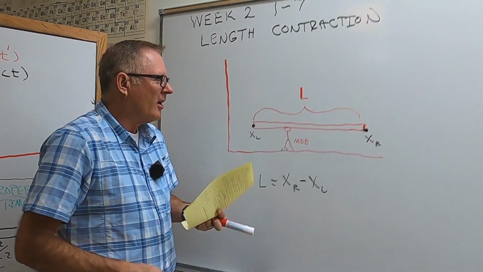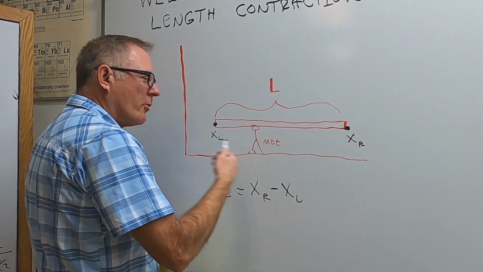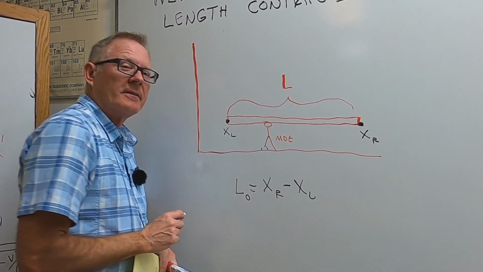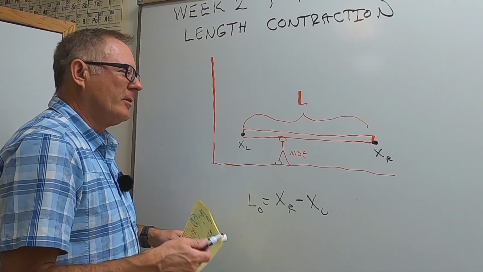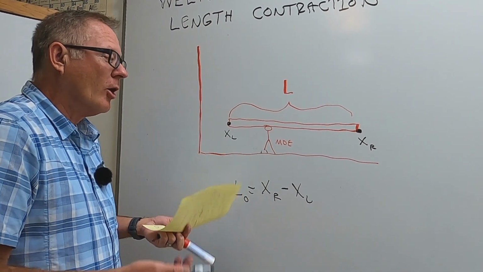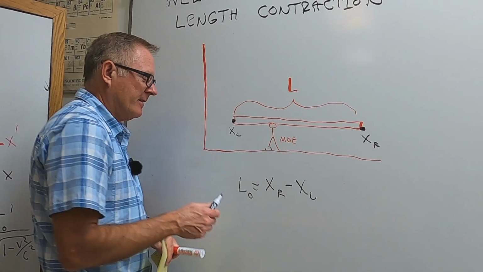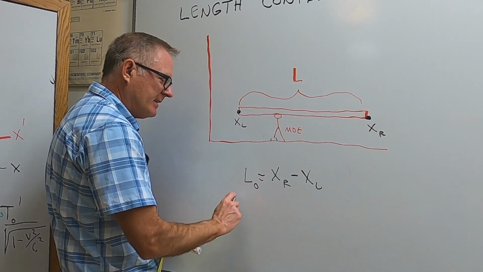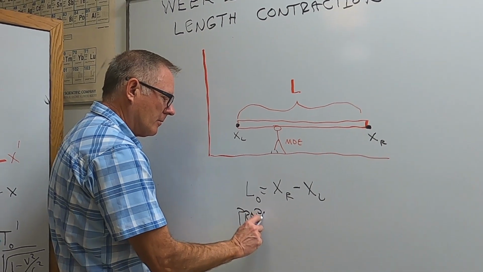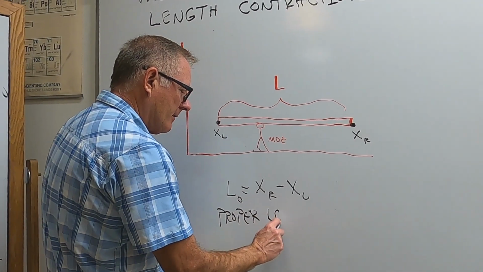So we're going to call this the proper length, and we're going to put a little circle there. This stick can't be at rest relative to both Mo and Fred. So this is proper length.